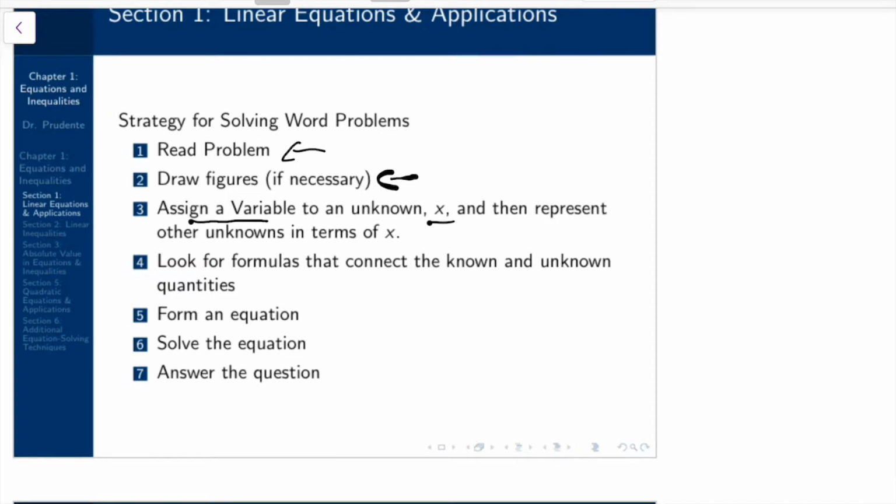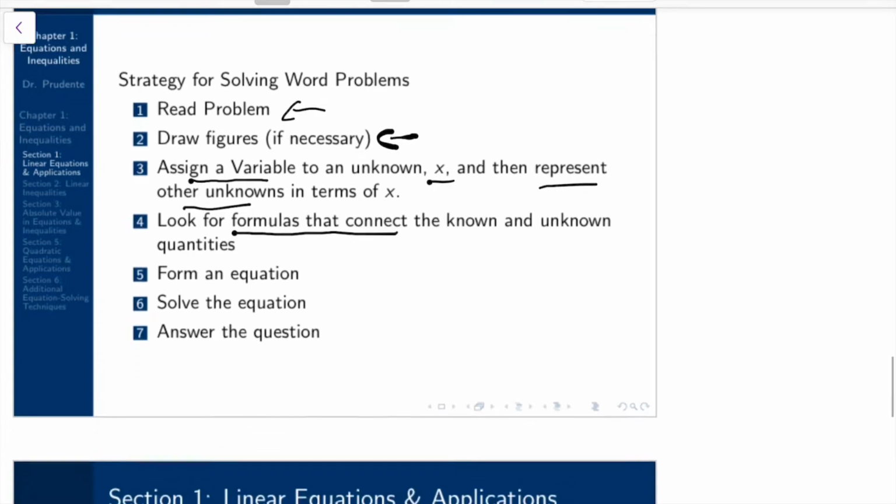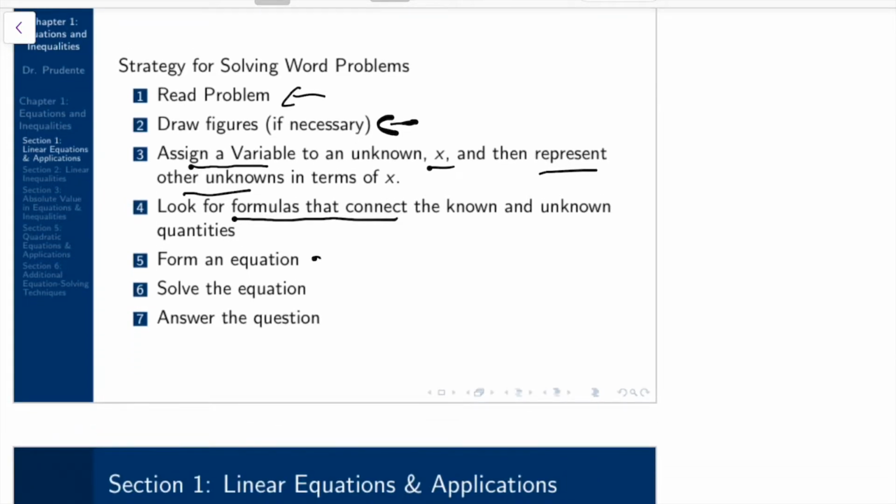After all, this is really an algebra class, and x is really the fundamental symbol of algebra. So we want to represent the main unknown as x, and then represent all others in terms of x. And we want to look for formulas that might be described in the problem to connect these two, right? We want to form that equation, solve the equation, and lastly, we want to make sure we answer the question.